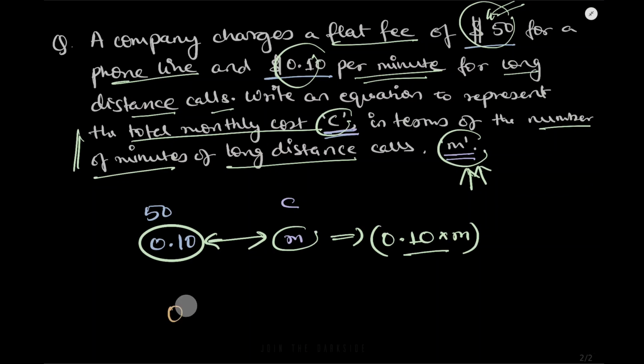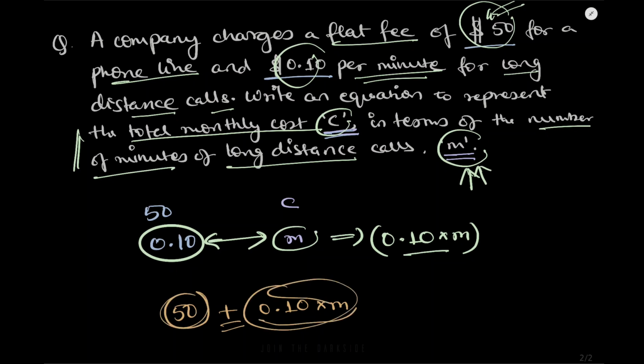We just write $50 plus 0.10 into M. We add them because this is the flat fee and these are the additional charges, and additional charges plus the flat fee will give us the total monthly cost that we need, which is C.